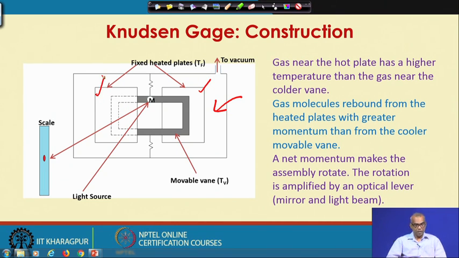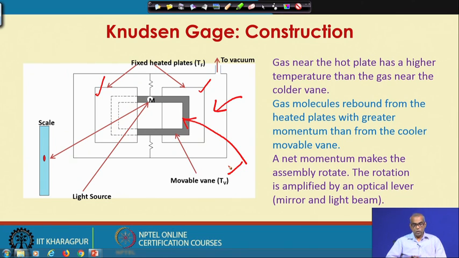So, I have two fixed plates mounted within a chamber, and in between these two fixed plates there is a spring restrained movable vane. The movable vane can show some angular motion between these two fixed plates.